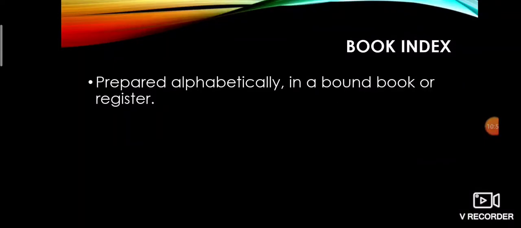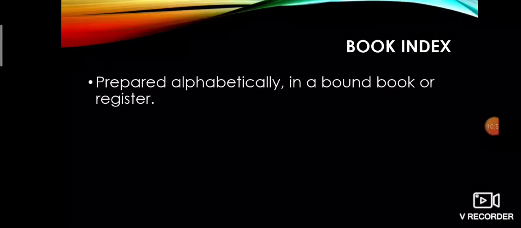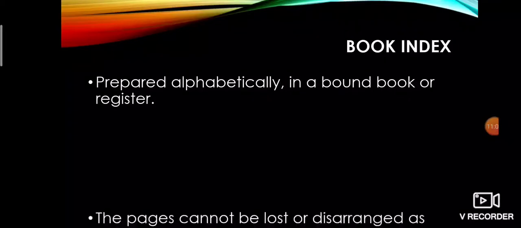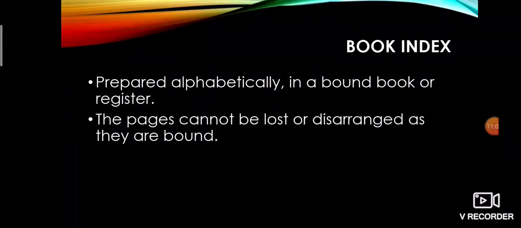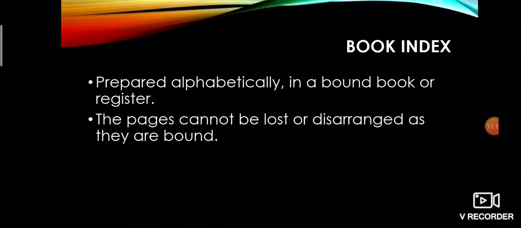Now, what is book index? It's prepared alphabetically in a bound book or register. The pages of this cannot be lost or disarranged as they are bound. It is maintained as a separate book. The entries under different alphabets will indicate the file numbers of different persons.